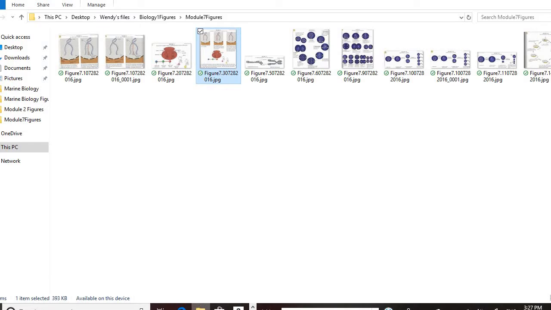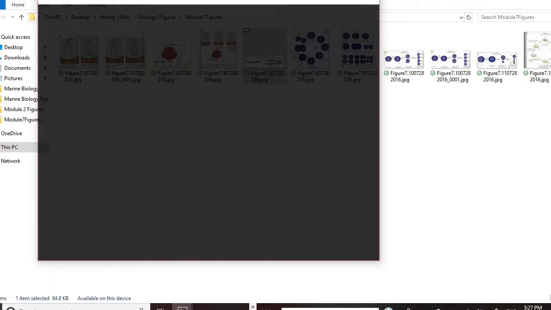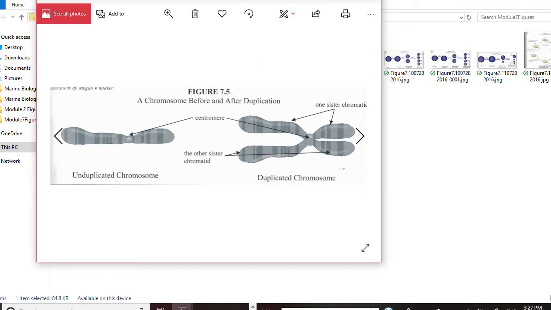Okay, so this is a picture. It'll come up. This is a picture of a chromosome.